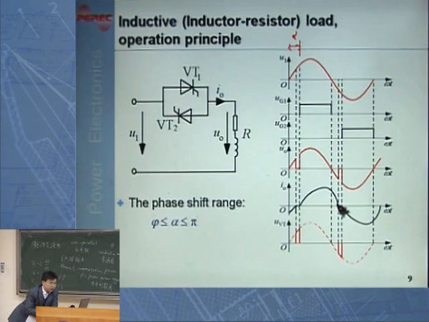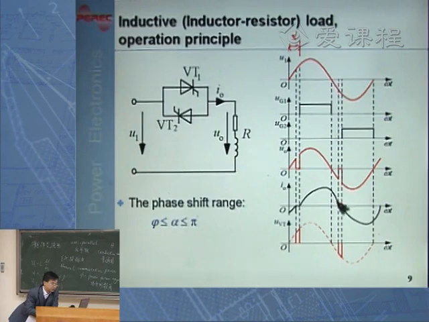But what happens if, when I want to trigger VT2 at this instant, this current conducting through VT1 has not decreased to 0 yet?